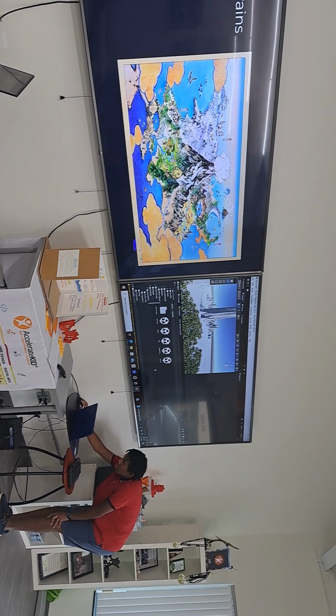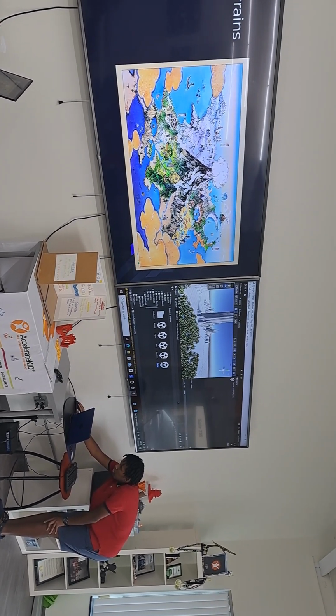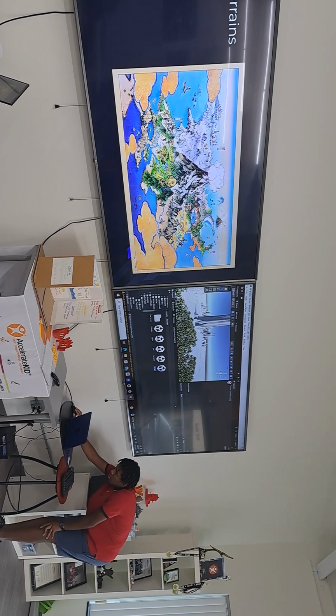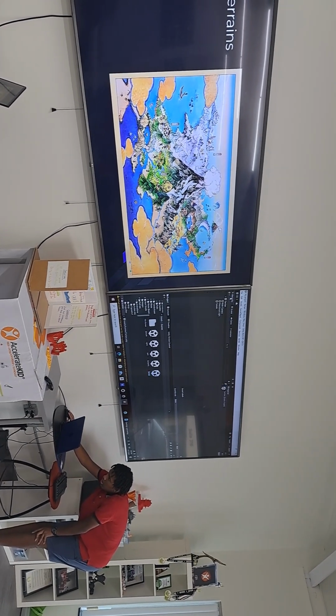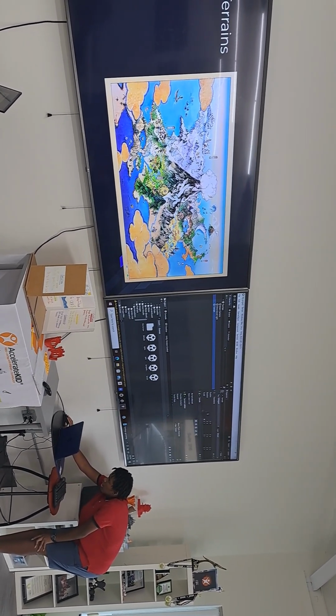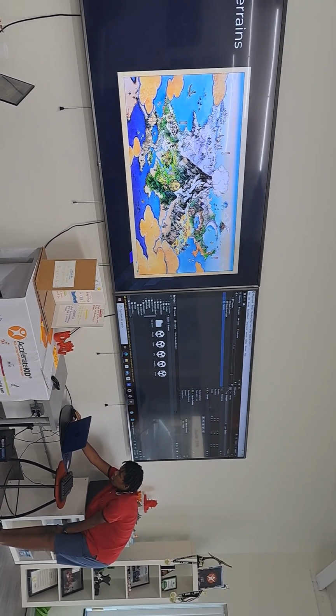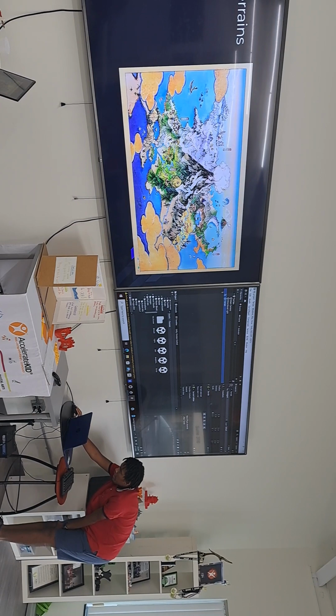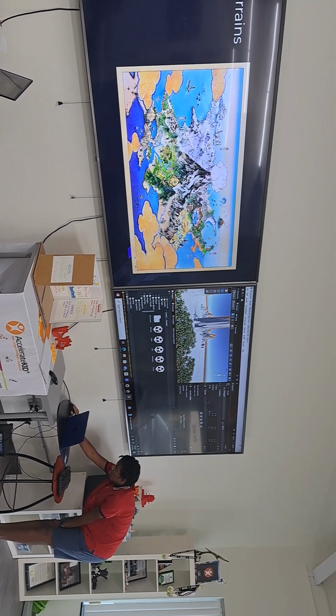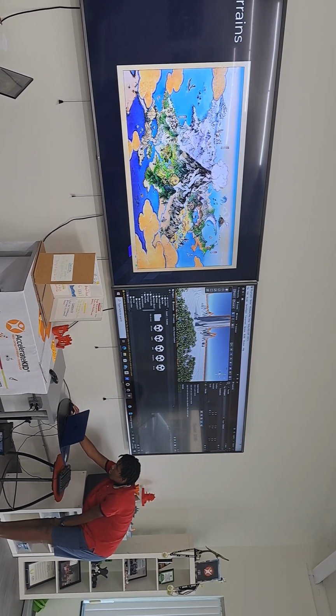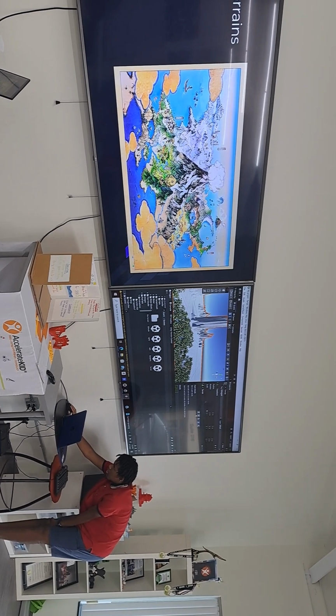So you go to terrain, well, no, you gotta be in the hierarchy. There we go. Terrain, and this is where you can change your stuff right here. So if you want to paint stuff, you would use this.